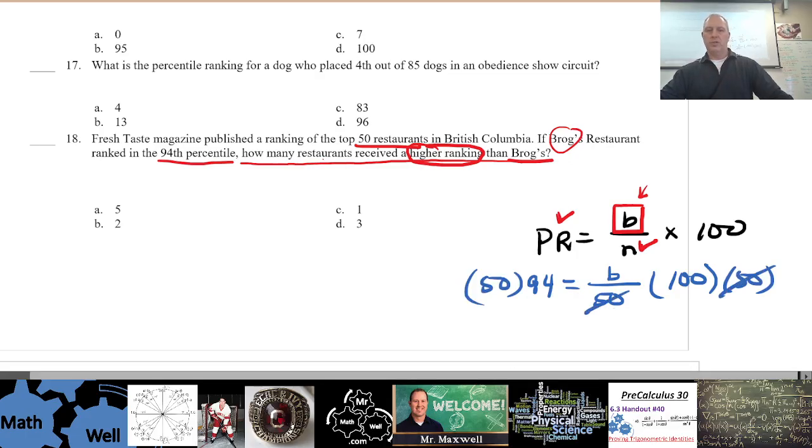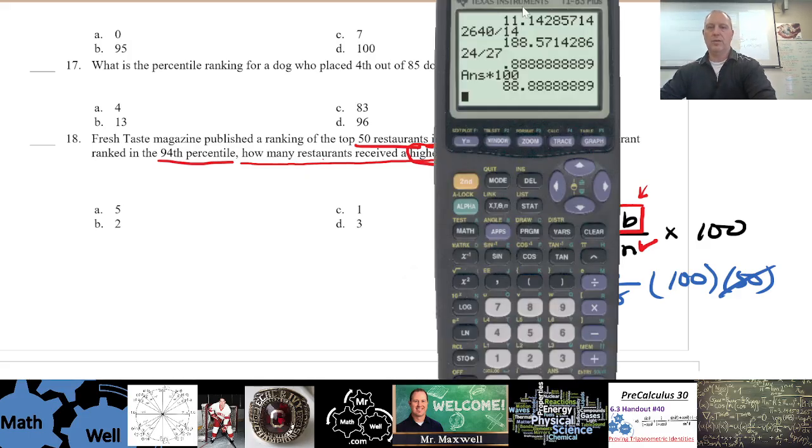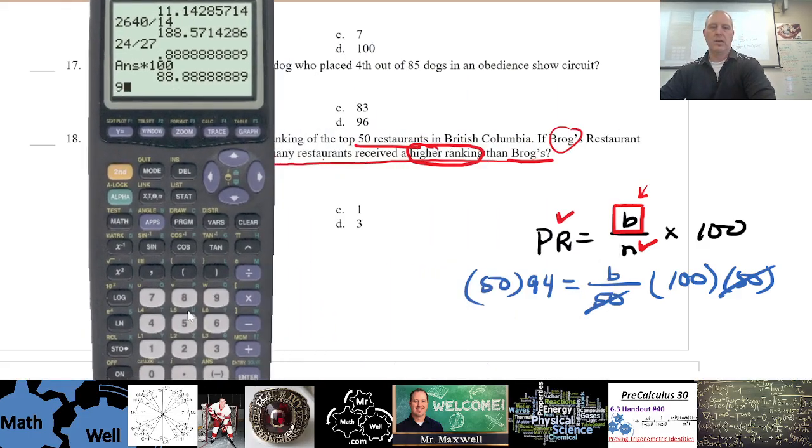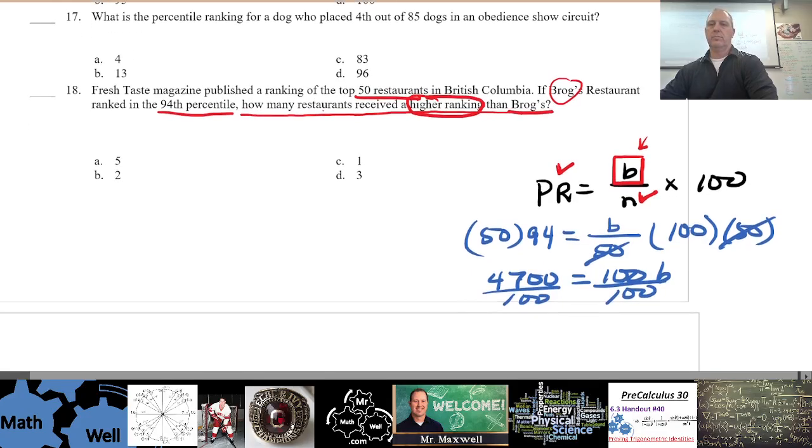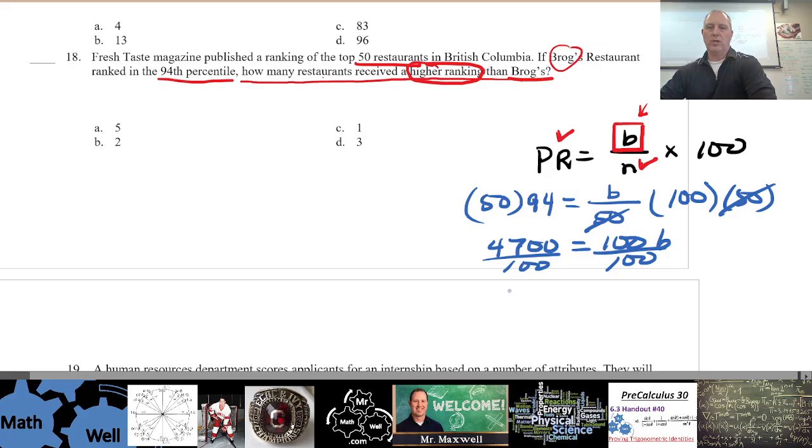So what is 94 times 50? 4,700. Okay, so 4700. That is 100 times B. So now I need to divide by 100. So that's going to be 47 is B.